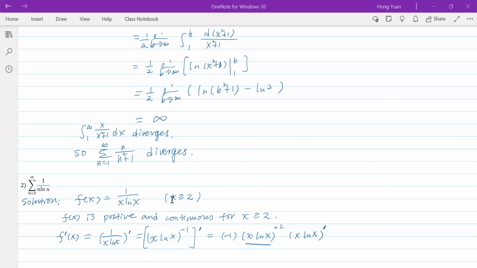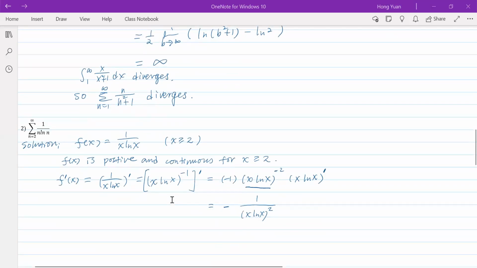So here's a negative 1. You write this squared, 1 over the square of x times ln of x, then times another chain rule here: the derivative of x times ln x, which is ln x plus x times 1/x.